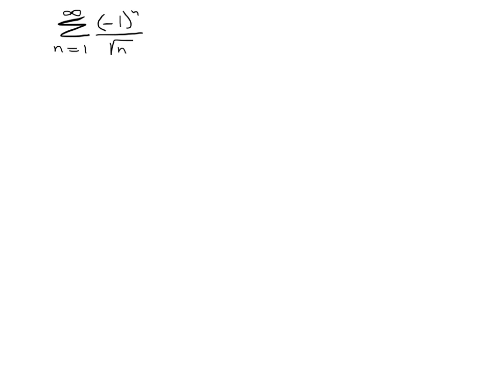All right, so on this one, the -1 to the n automatically makes me go to the alternating series test. So I need to check to see, is 1 over root n decreasing? So if I plug in n plus 1, is that less? Yes, because the denominator is bigger, so it's decreasing. It's definitely greater than 0.